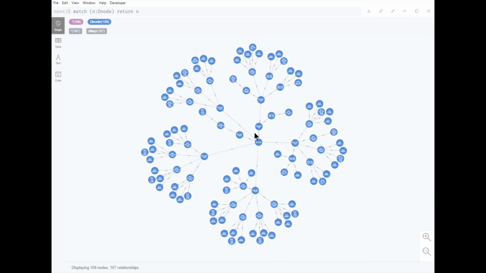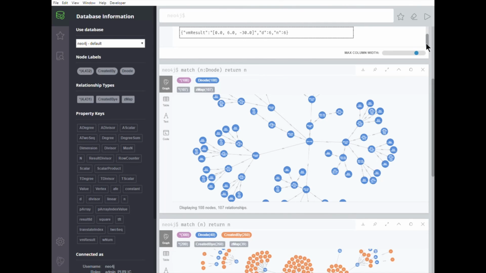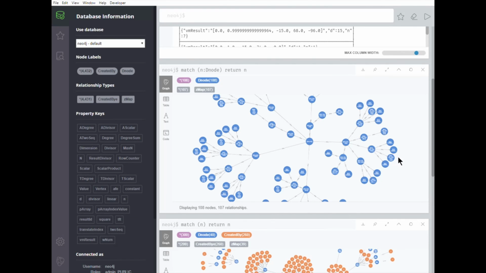So, some structure. And the node set, hang on.